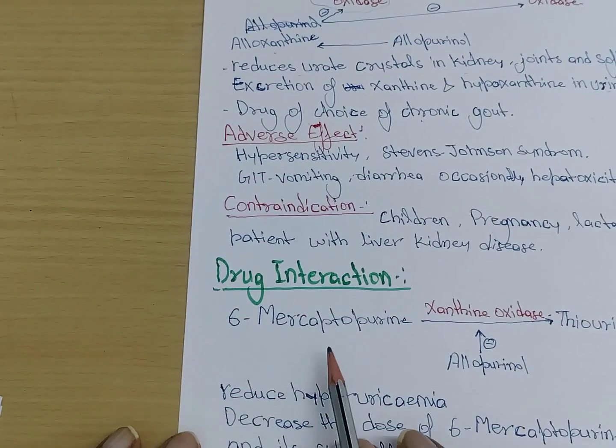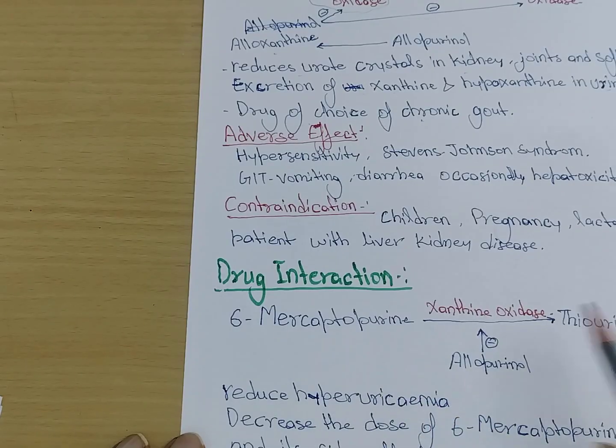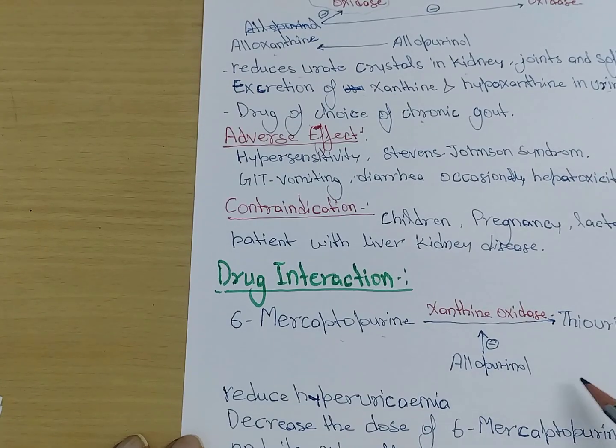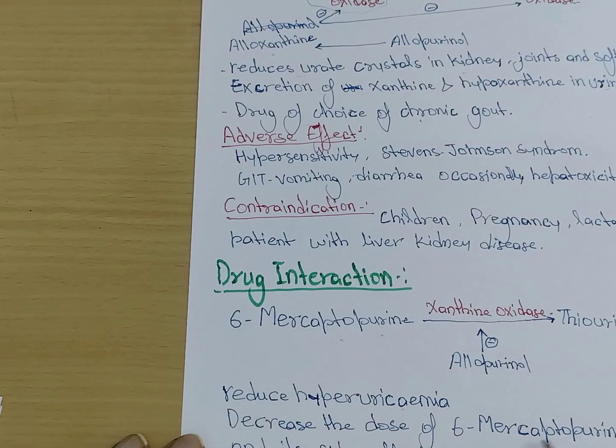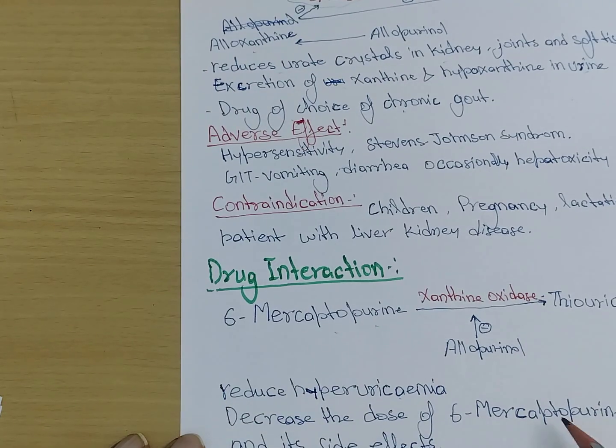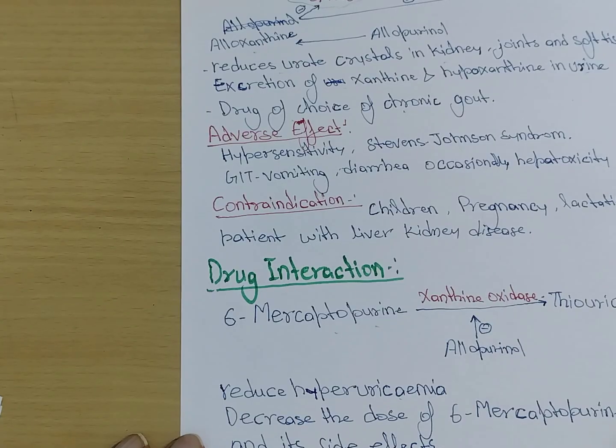Drug interaction: 6-mercaptopurine. When allopurinol is given with 6-mercaptopurine, it reduces the hyperuricemic condition, and thus the dose of 6-mercaptopurine can be decreased, along with its side effects.